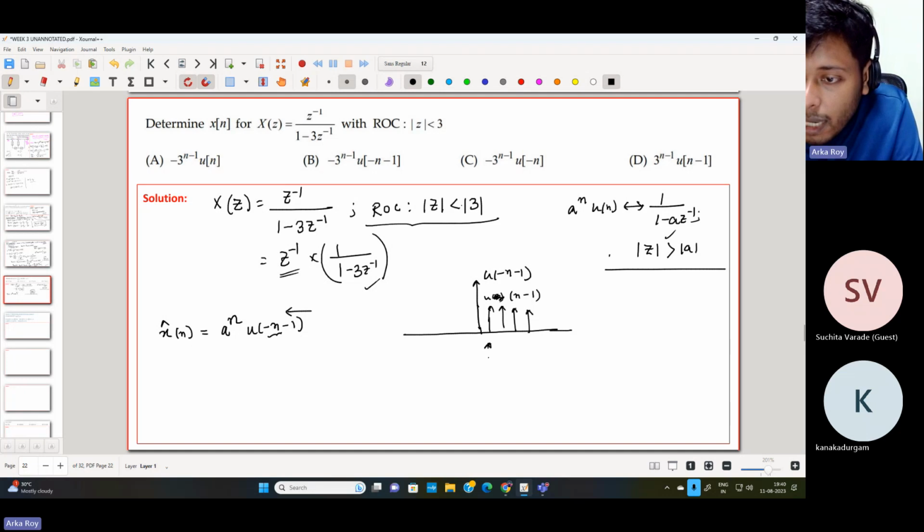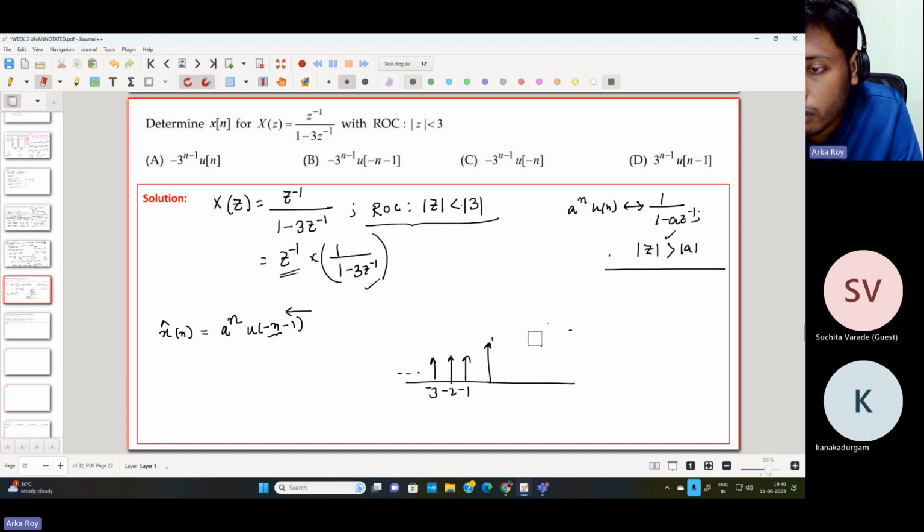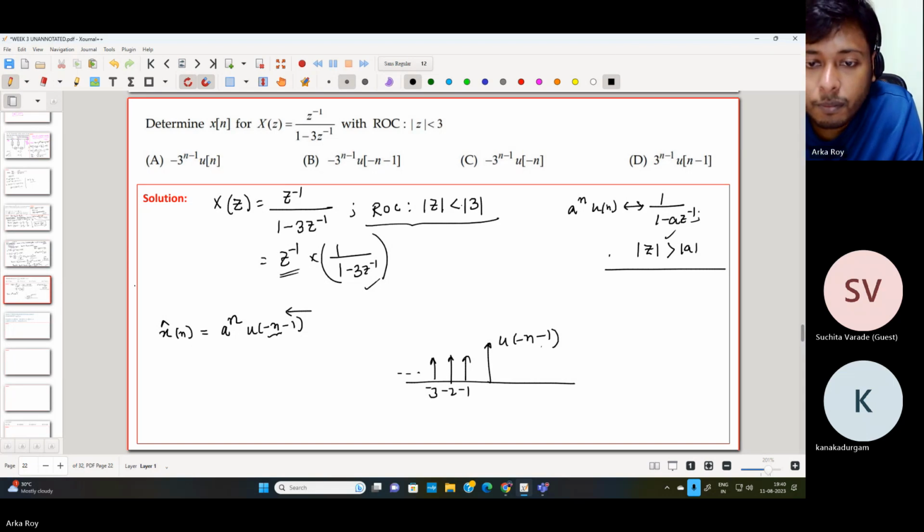So it was starting from 1, 2, 3 and so on, and the same thing will just be reversed about the y-axis, so minus 1, minus 2, minus 3 and so on. So this is your final u[minus n minus 1]. This is how the signal looks.